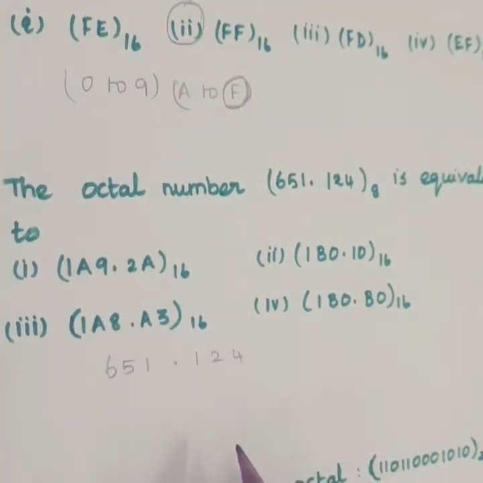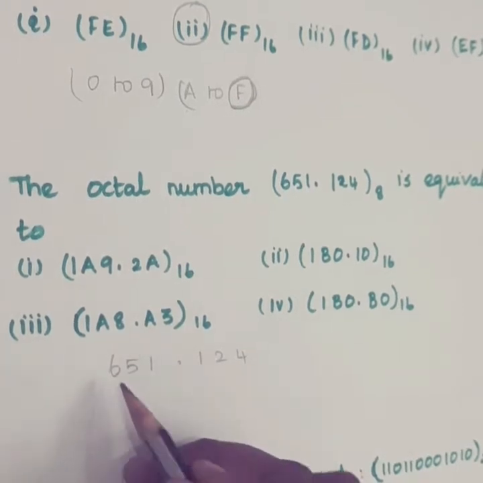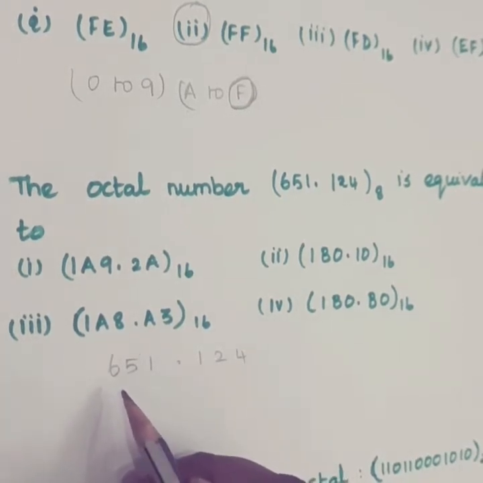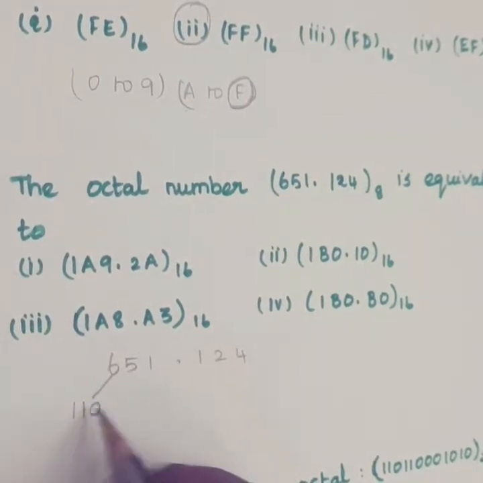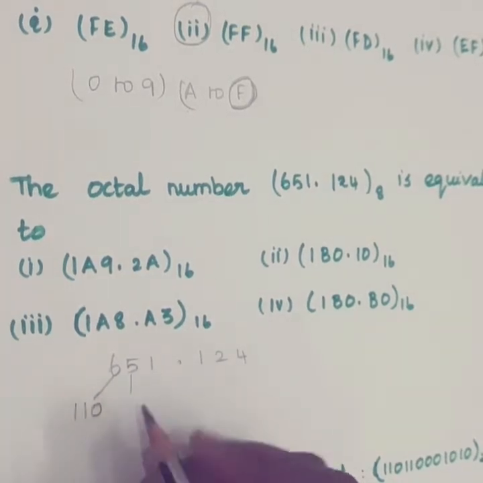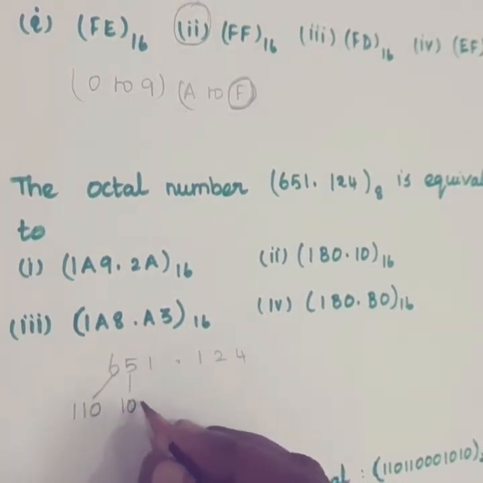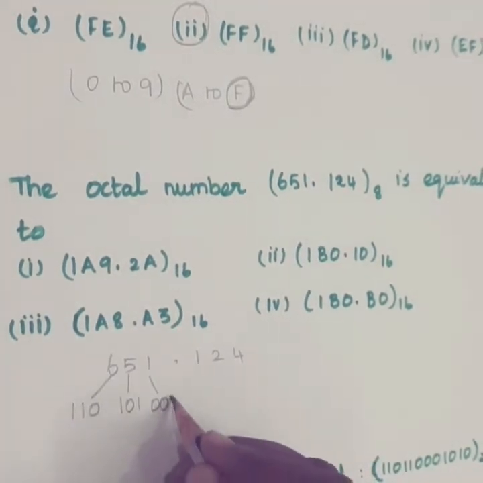651.124. To convert this into binary, each digit should be represented by 3-bit binary. So 6, equivalent binary is 110. 5, equivalent binary is 101. 1, equivalent binary is 001, right?